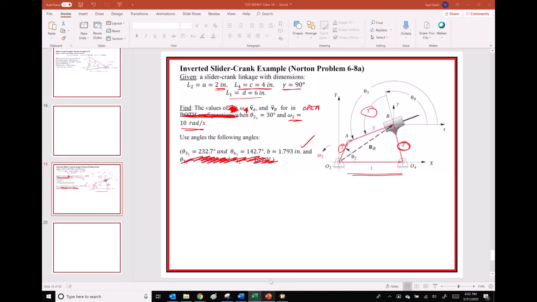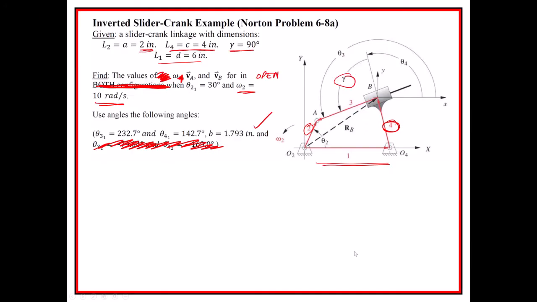So going back into the calculations, and we'll do an Excel version of this, once again, just for completeness. We might use it some other year. So for omega 4, these are the equations that are applicable here out of the textbook. We go A times omega 2 times cosine of theta 2 minus theta 3, divided by B plus C times the cosine of theta 4 minus theta 3.